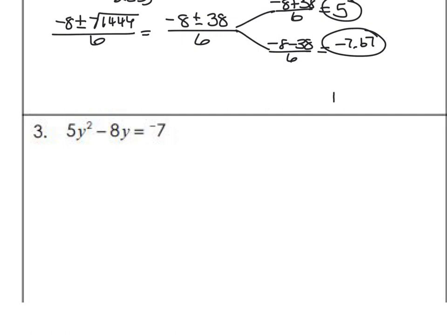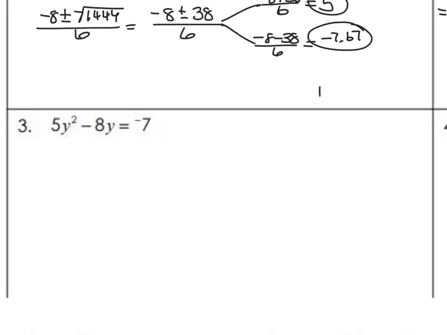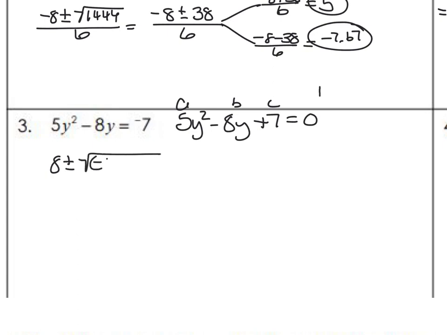All right, number 3, set it to 0. 5y squared minus 8y plus 7 equals 0. So it's A, B, and C. So opposite of B would be positive 8 plus or minus square root of negative 8 squared minus 4 times 5 times 7 over 2 times A. So your discriminant is going to be negative 8 squared minus 4 times 5 times 7.